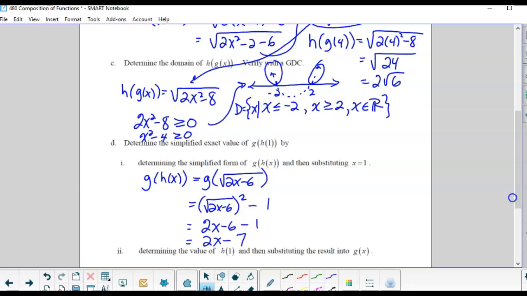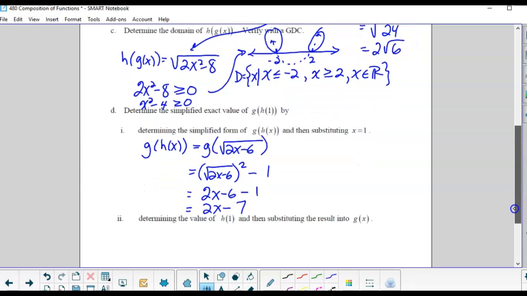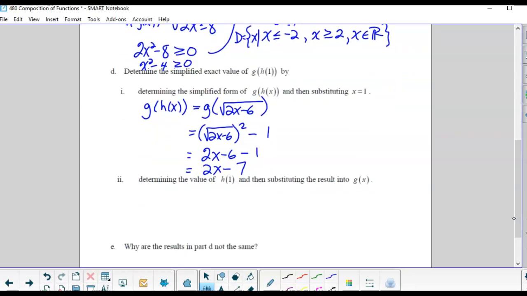Okay, then it says determine the value of h of 1 by substituting the result into g of x. So h of 1 is going to be root of 2 times 1 minus 6. So here we get root of negative 4.